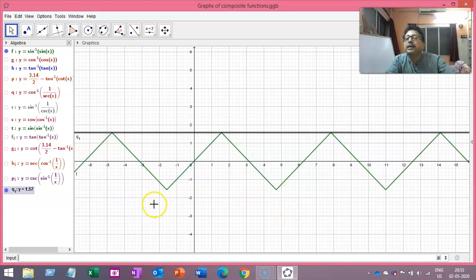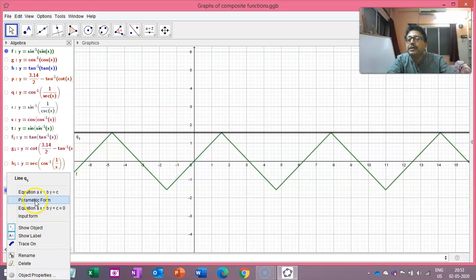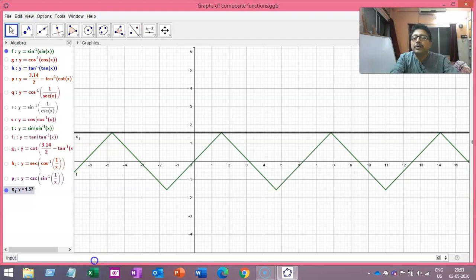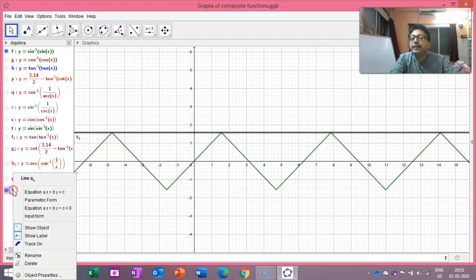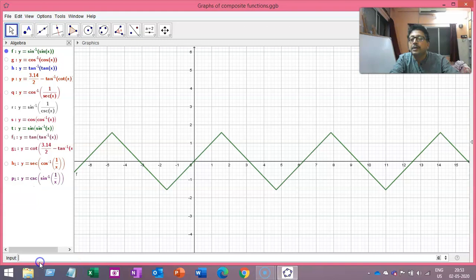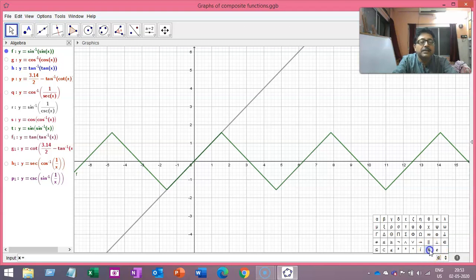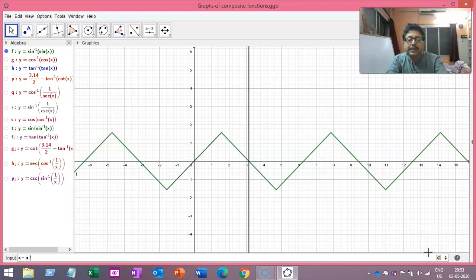Now we take, wait a minute, we take x equal to pi by 2 over there. Why am I taking pi by 2? I just wanted to show you that it is in the interval between -pi by 2 to pi by 2 where the nature remains y equal to x.